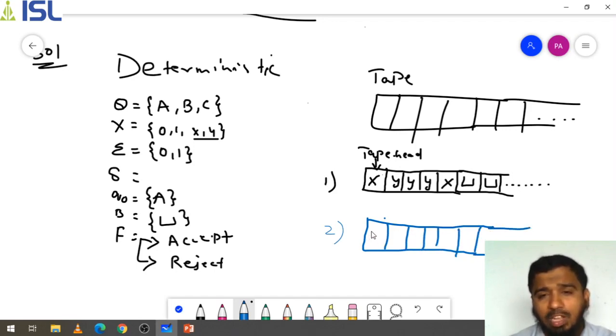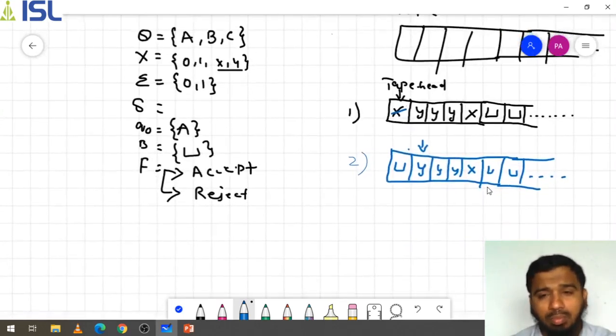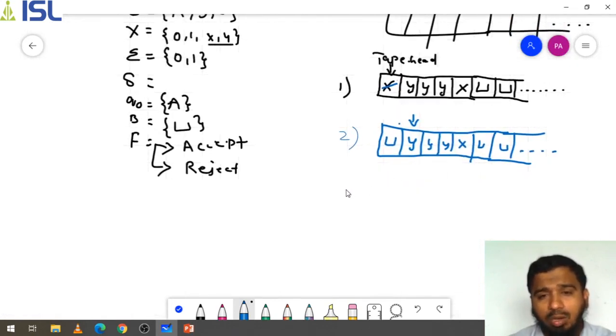Here, in place of X where the head is, whenever the 0 occurs, this should be cut and a blank added, because I want 0 only one time. So, one time has occurred, so it moved to the next. It moves to the right side and the values in the tape stay the same. The first value changes, and so on.